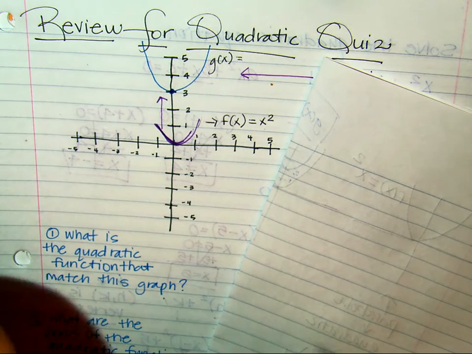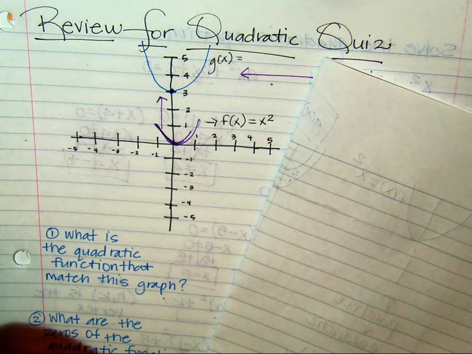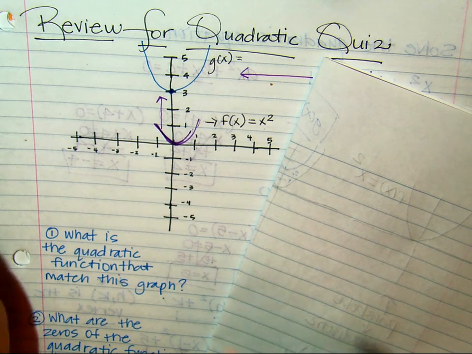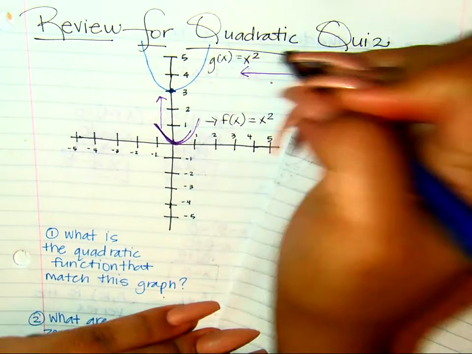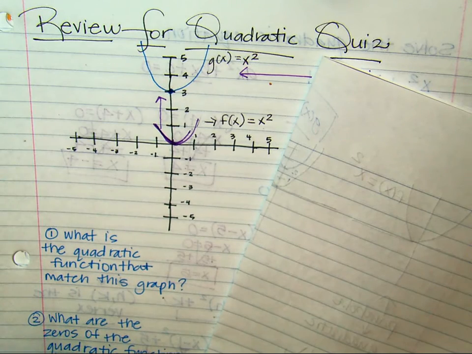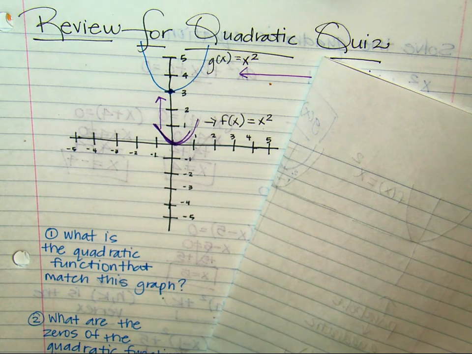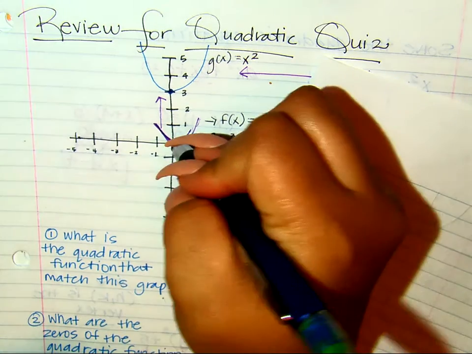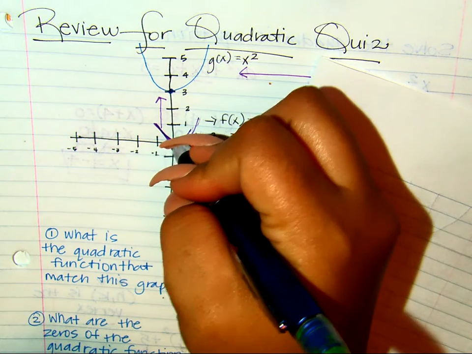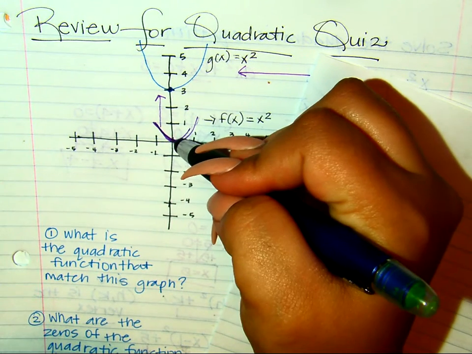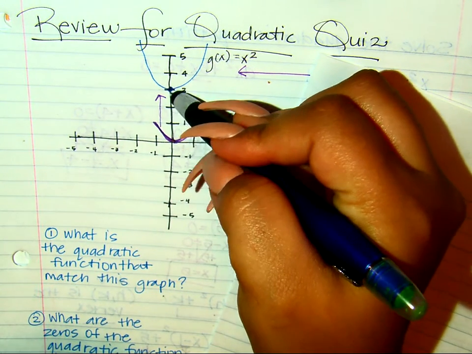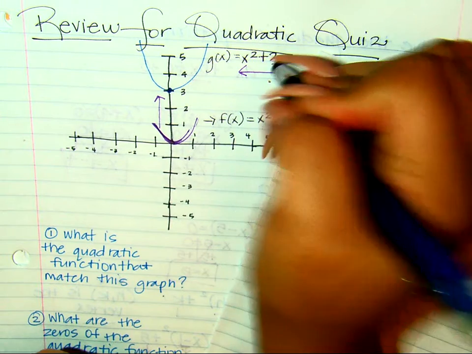So when you have a parent and a child, they have something in common, and then they don't. They have x squared in common. But the thing that they do not have in common is the shift. So if we start down here with the parent having a child, what took place? They went up 1, 2, 3 places. So that would be a +3.